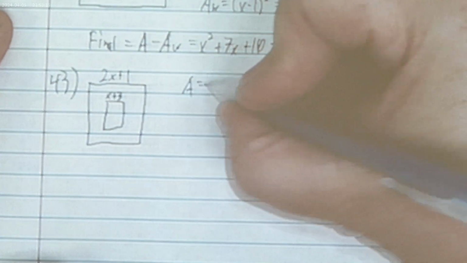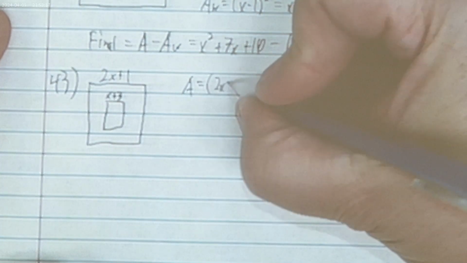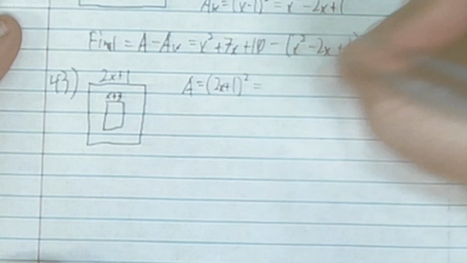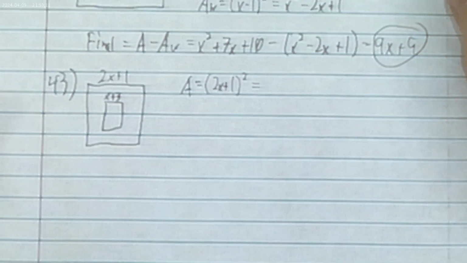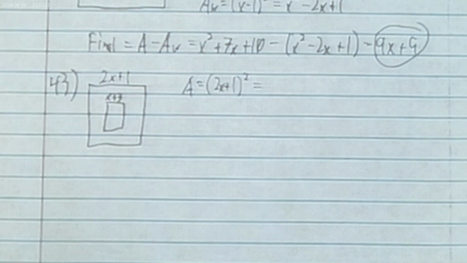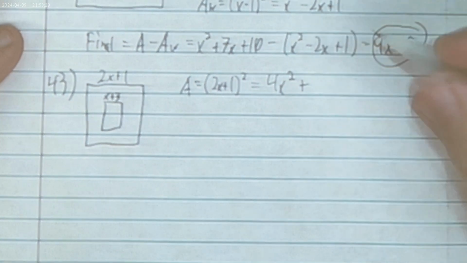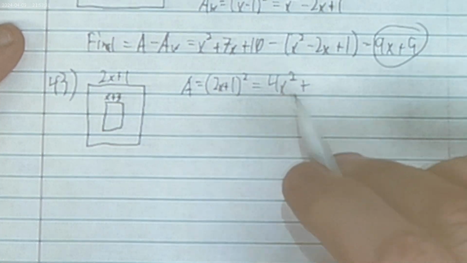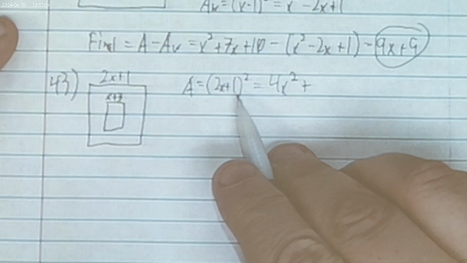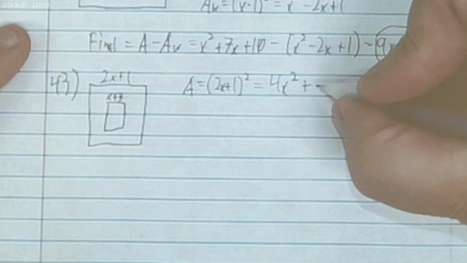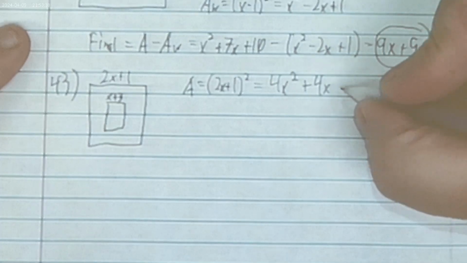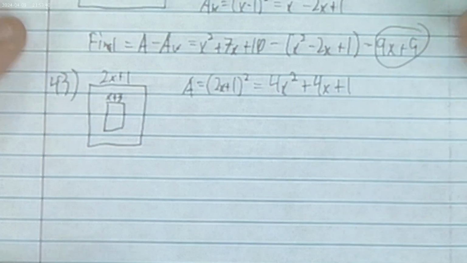So let's start with the first area. It's going to be 2x plus 1 squared. With perfect squares, it's x squared plus 2ax plus a squared. So that's 4x squared plus 2 times 1 times 2x, which is 4x, plus 1 squared, which is 1.